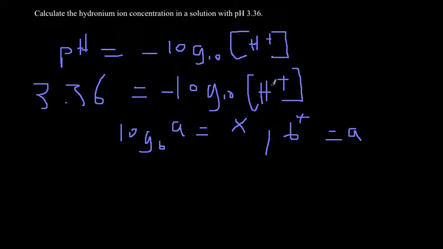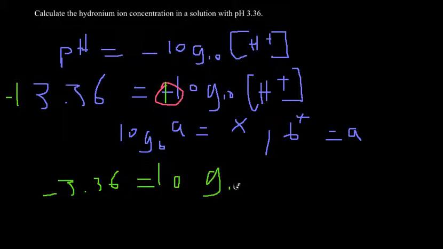Now you have 10 here, and that's b, and you have a, and you have x, which is 3.36. You want to find a, so all you have to do is take b, which is 10, raised to 3.36, but you have a negative sign here. You have to watch that. So to get rid of the negative sign, just transfer it over by multiplying both sides by negative 1, and then you get negative 3.36 equals positive log base 10 of the H plus concentration.